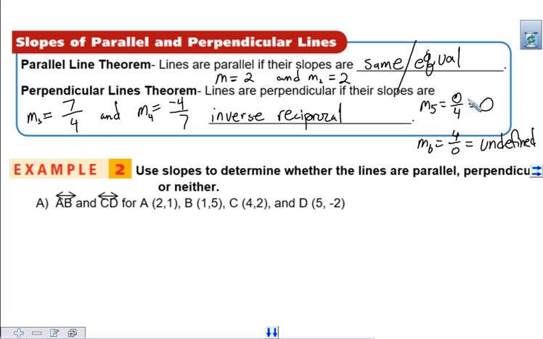Remember that a slope of 0 over 4 is a horizontal line, and it traces a grid line, and a slope of 4 over 0, which is undefined, is a vertical line. Again, it traces a grid line. It means that those are perpendicular. It doesn't matter what 0 or undefined was before. You figured out that it was 0 and undefined. Those are always going to be perpendicular to each other.